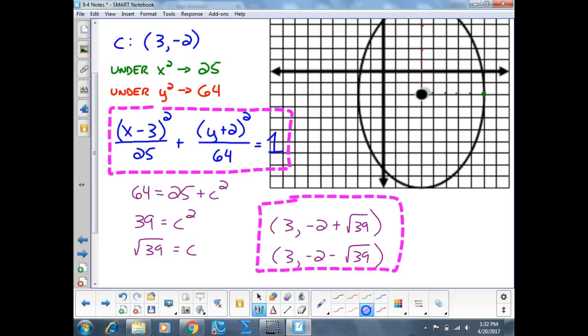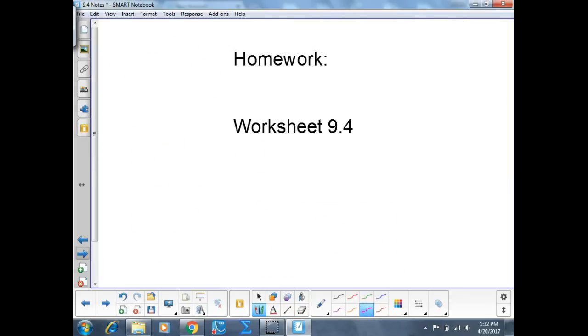Okay. Tomorrow, worksheet 9.4 is due, which I believe that one was blue, right? Yep, that one was blue. Okay. You also have a quiz tomorrow on 9.4 that goes along with it.